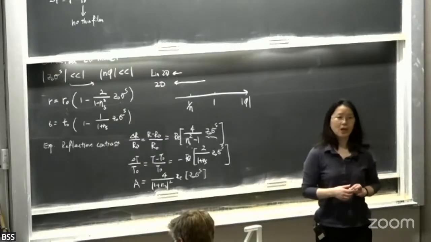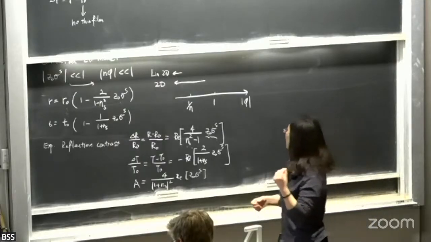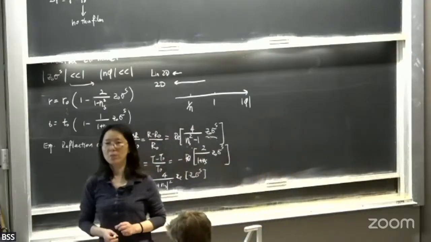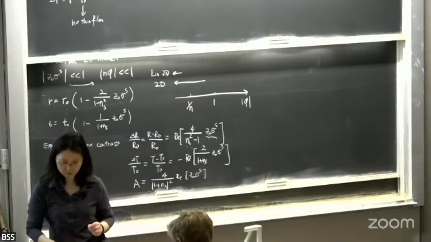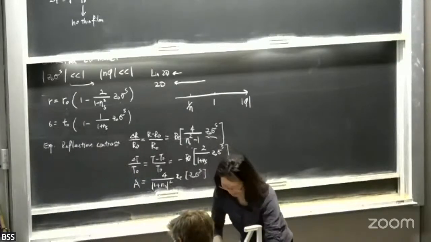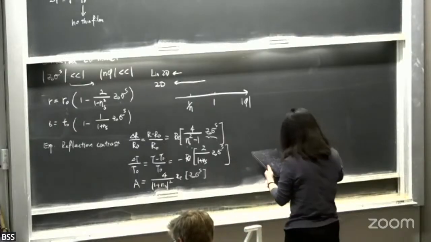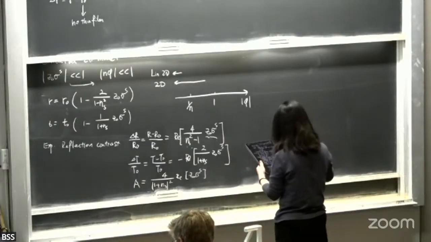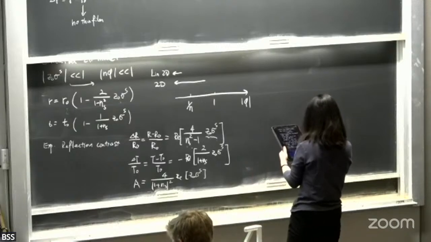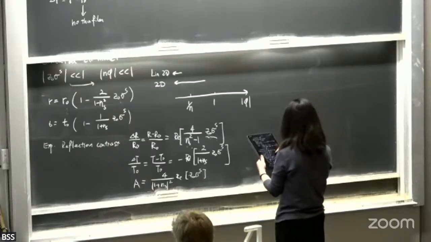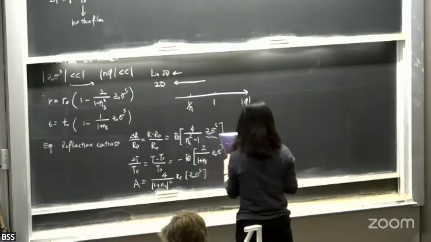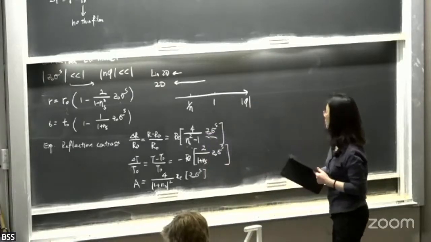And one other thing you can do, remember, all those properties need to obey Kramers-Kronig. Exactly. So Kramers-Kronig relation is another way to get around.